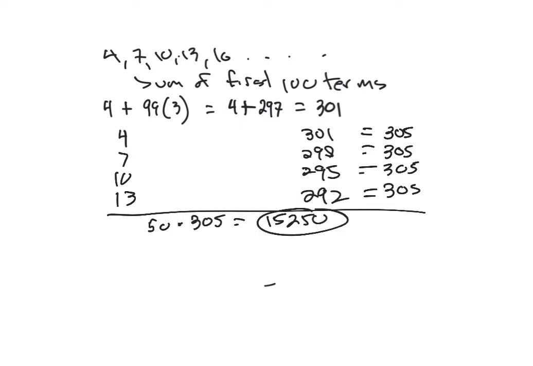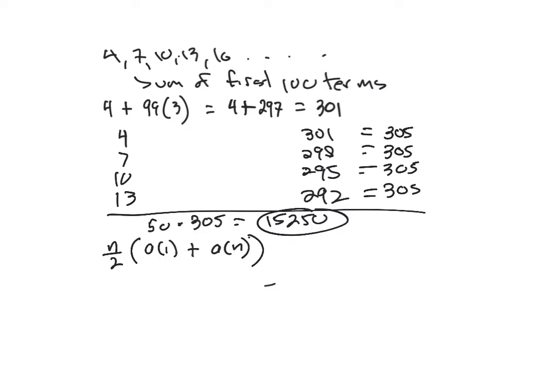So what we did was said, okay, we're going to take the number of terms and divide that by 2 to get the number of pairs. We're going to say that each pair is equal to the first term, a sub 1, plus the last term, which is a sub n. And that's our sum right there.